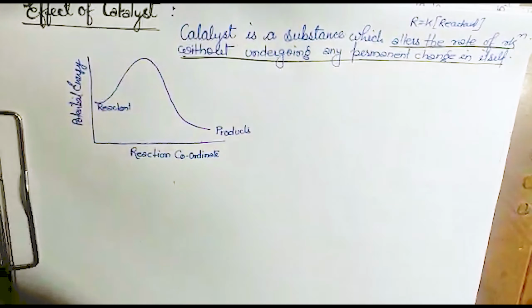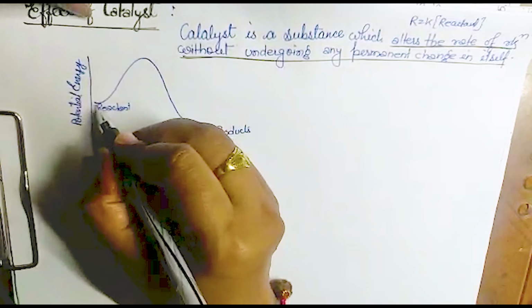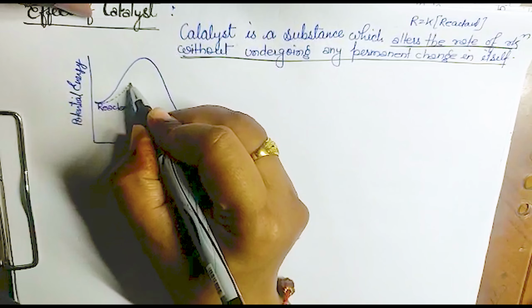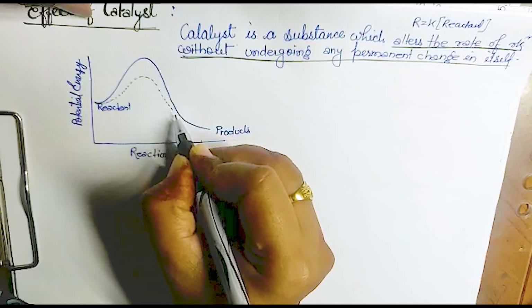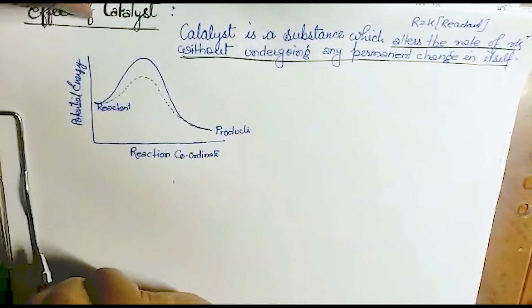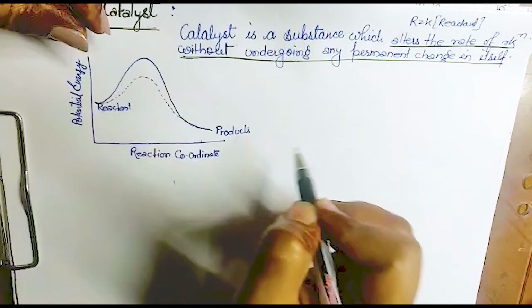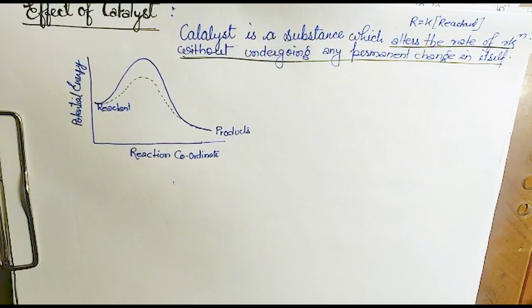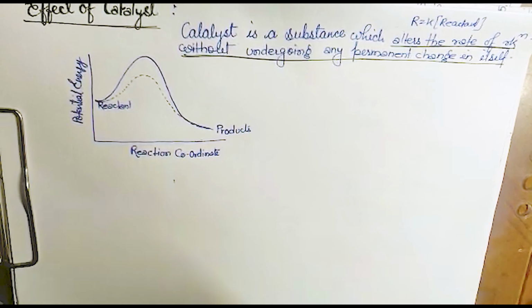If we use the catalyst, it will go like this. So it changes its path, giving an alternate path by which the reactant can easily convert into the product.